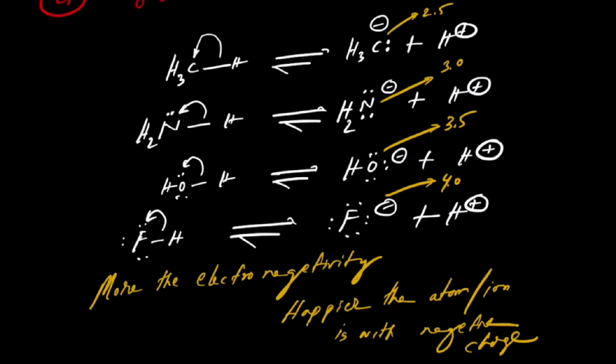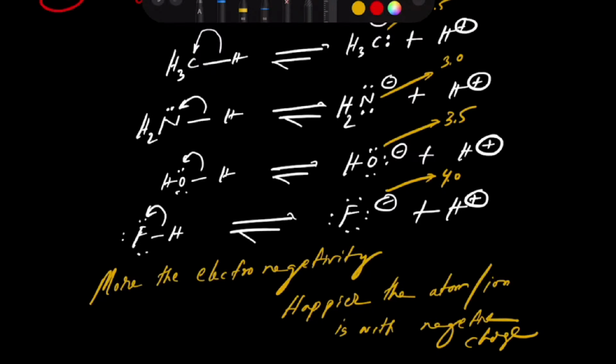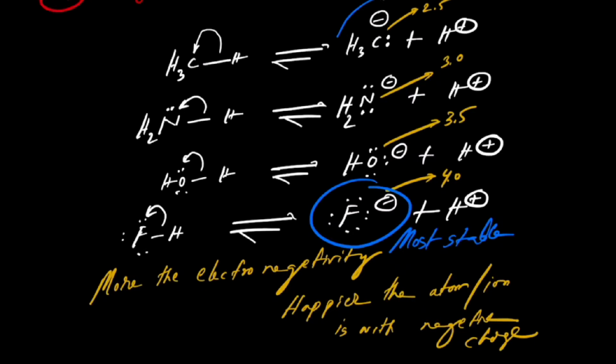Okay, that means who is the happiest here among all these? Fluorine is the happiest with the negative 1 charge. The least happy is carbon because it is not very electronegative and it doesn't like negative charge. Electronegative elements like negative charge. Less electronegative elements don't like negative charge. So fluorine is the happiest. If fluorine is the happiest, this is the most stable. And if carbon is least happy, it is least stable.